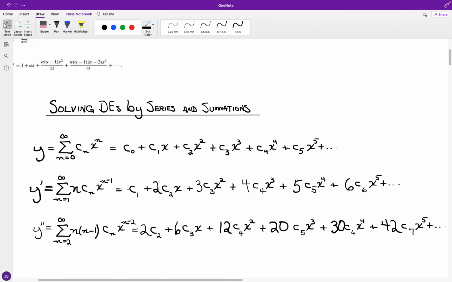In the rewrite for the compact summation representation, with c sub 0 out, the first order derivative is the summation as n goes from 1 to infinity, since c sub 1 is the constant with the smallest subscripted value. For the rest of the terms, the derivative of c sub n x to the n goes to n times c sub n times x to the n minus 1.